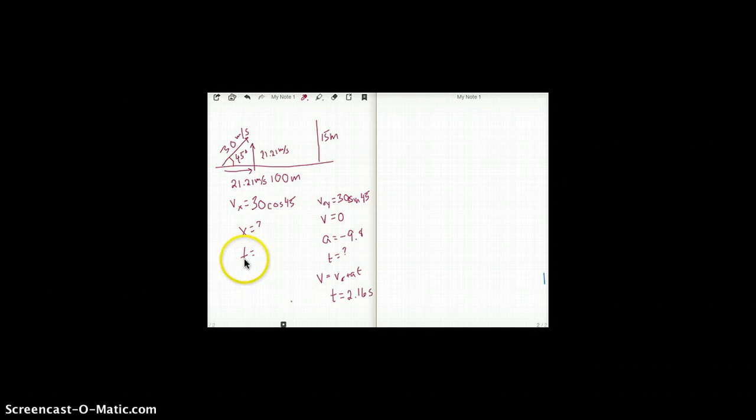If it's traveling for 2.16 seconds, then I could take 21.21 and multiply by 2.16, and it will have traveled 45.8 meters.